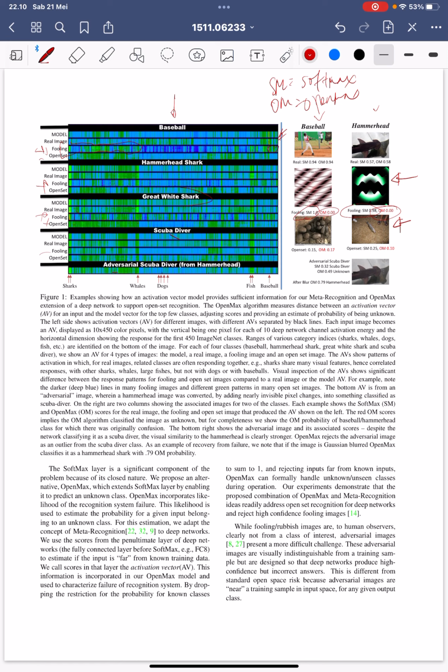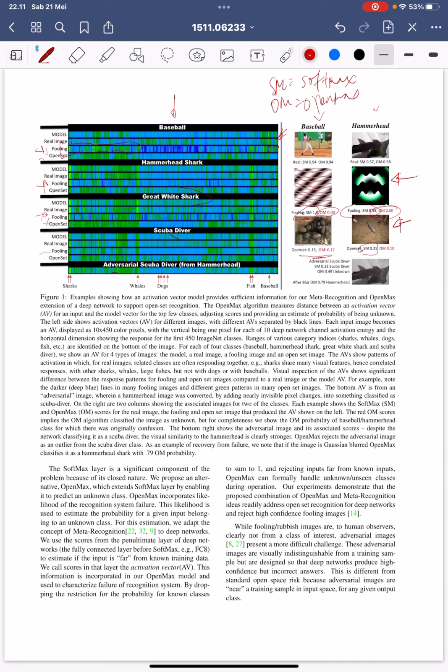You can see here that for the hammerhead, softmax provides 0.25 and OpenMax 0.1, and for this open set one, 0.15 is quite good actually, providing lower confidence, and OpenMax is 0.17.